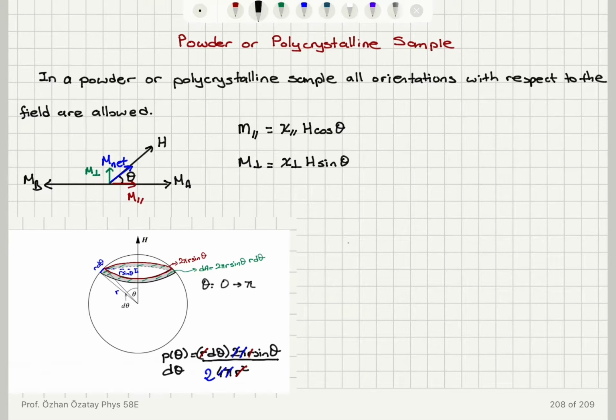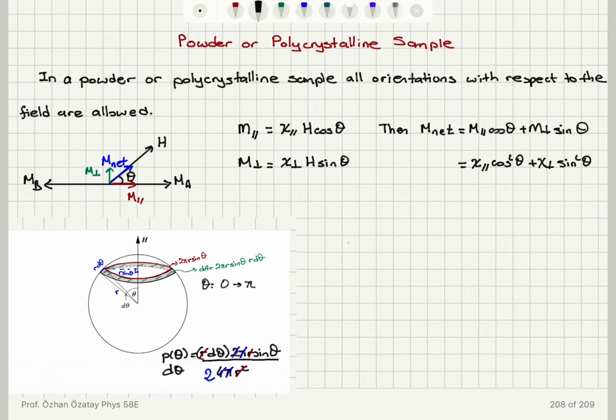And if I want to calculate the net magnetization in the direction of the magnetic field, this will be M parallel cosine theta plus M perpendicular sine theta. So I will find that the net magnetization is longitudinal susceptibility cosine square theta plus transverse susceptibility sine square theta.